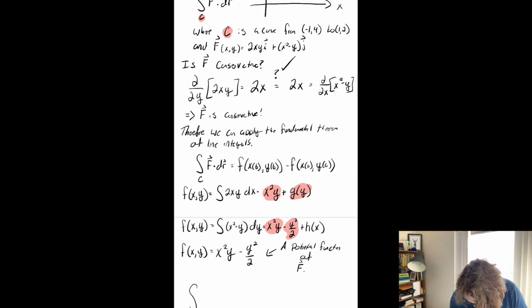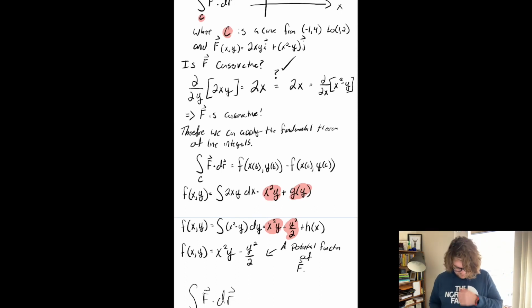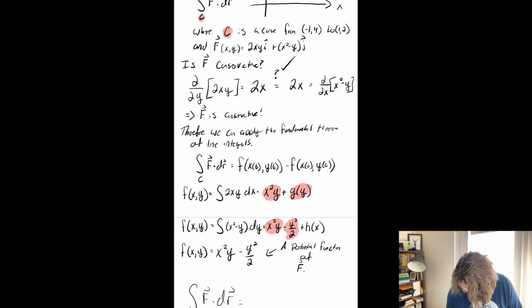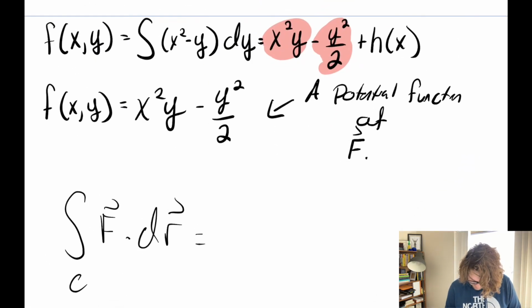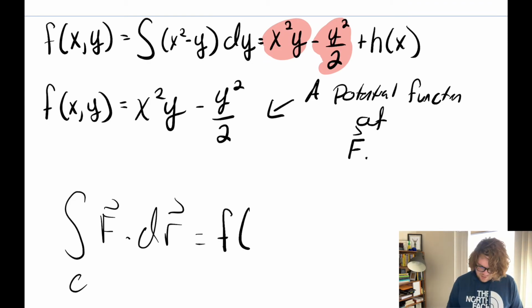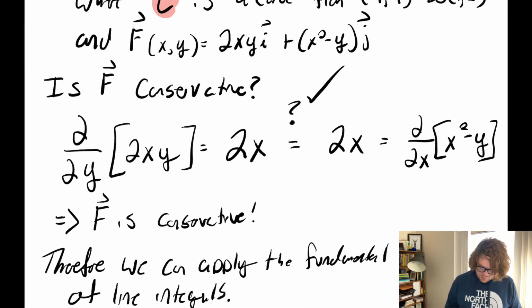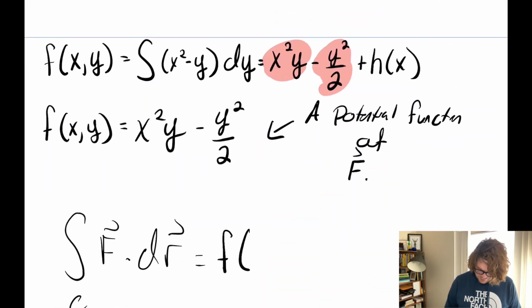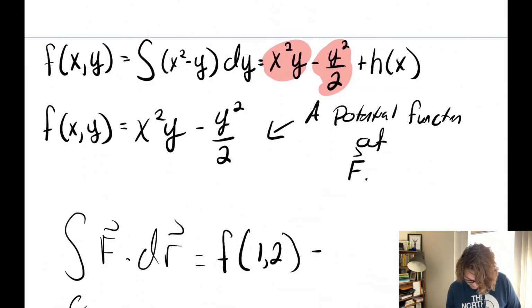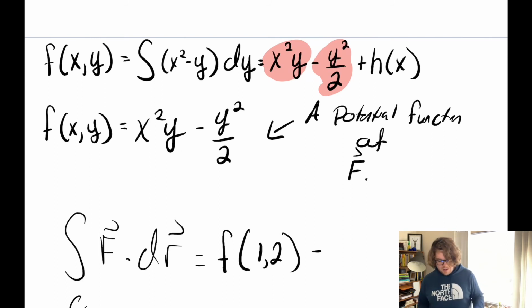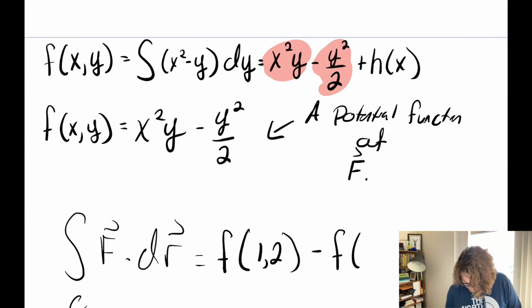It was the integral over our curve C of F dot dr. And we know that this is going to be equal to lowercase f of x of b, y of b, well, that was the point 1, 2, minus f of x of a, y of a, which was the point -1, 4.